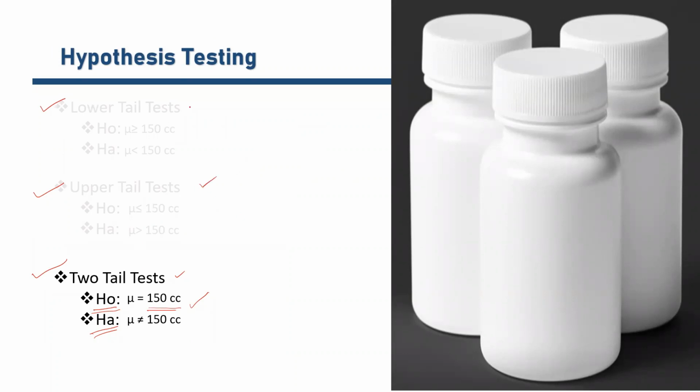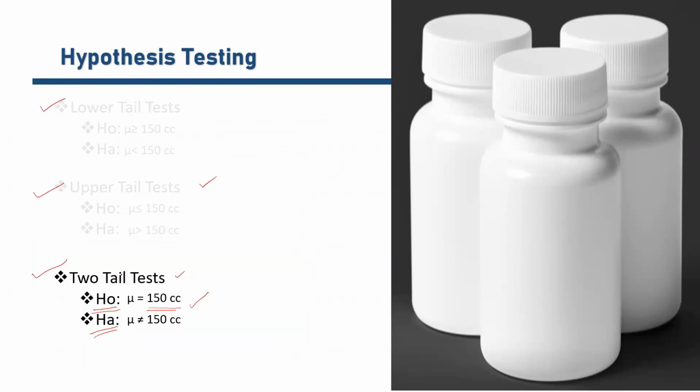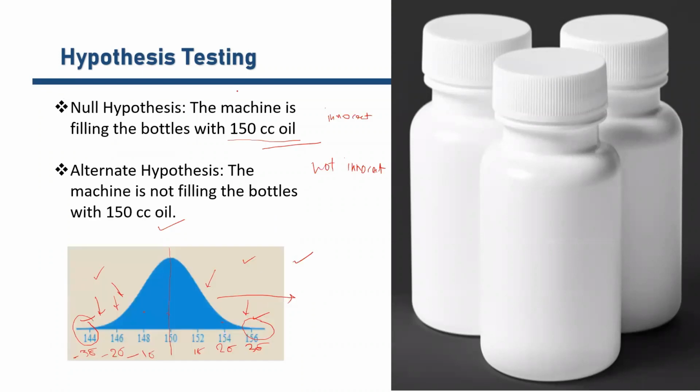And if I change the question to check if the volume has reduced from 150 cc, you will be looking at this tail, and that's why we will use a lower tail test. So for now, understand that we are checking if the machine is still filling the bottle with 150 cc. It can be on the upper hand side or the lower hand side. We'll go through all of them one by one.